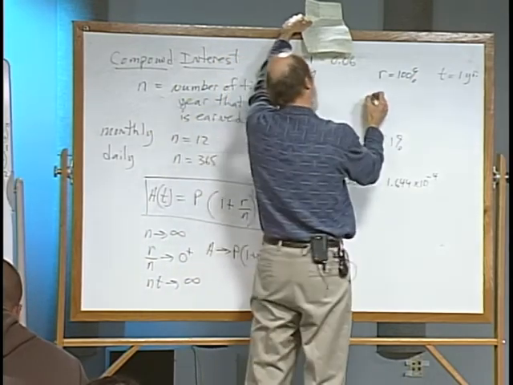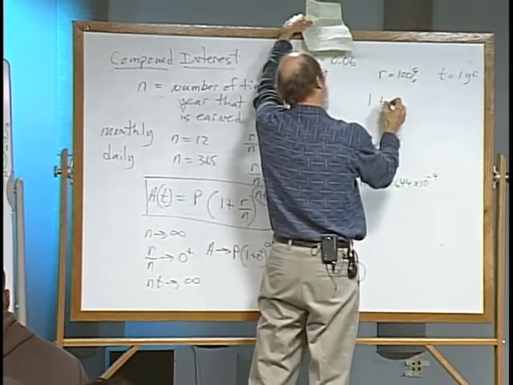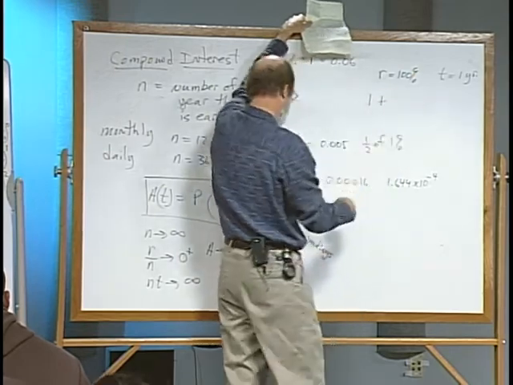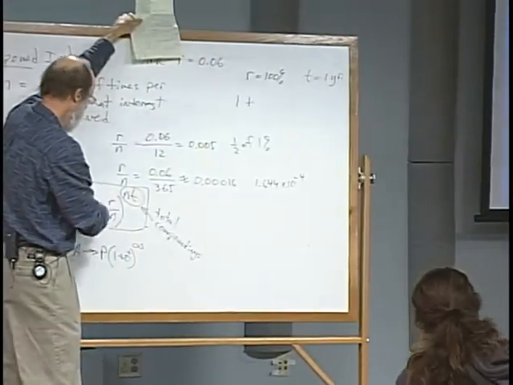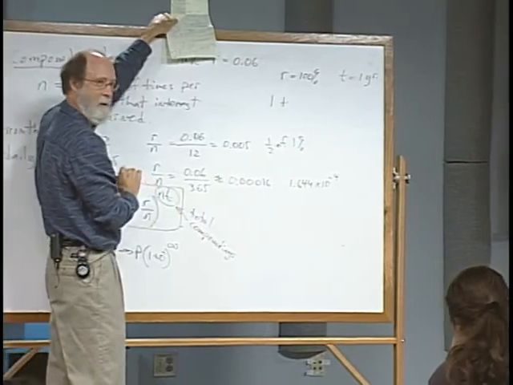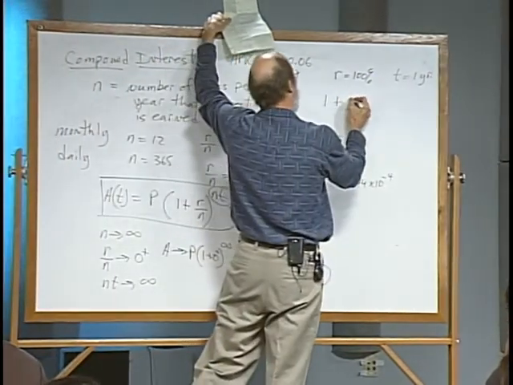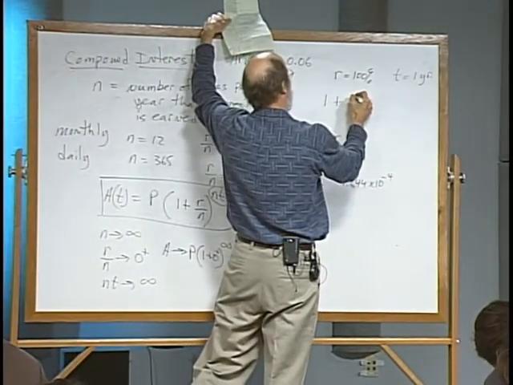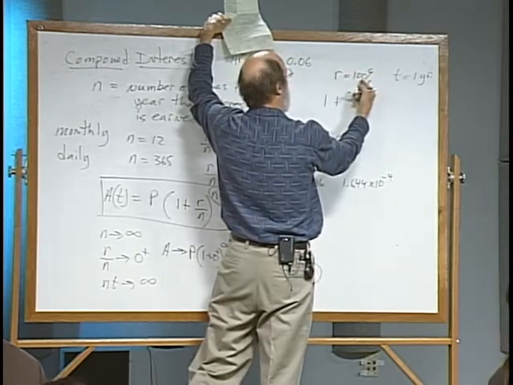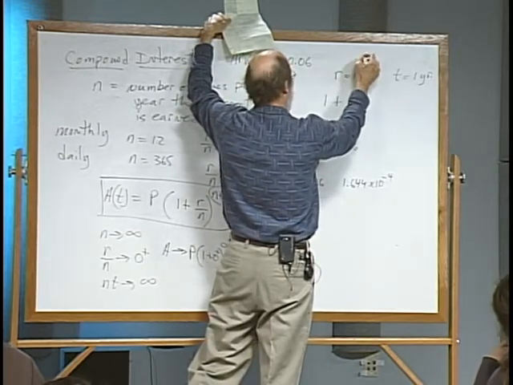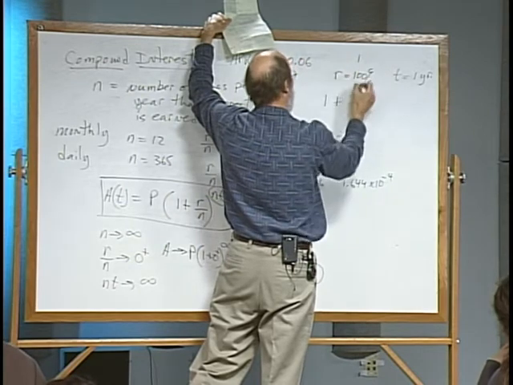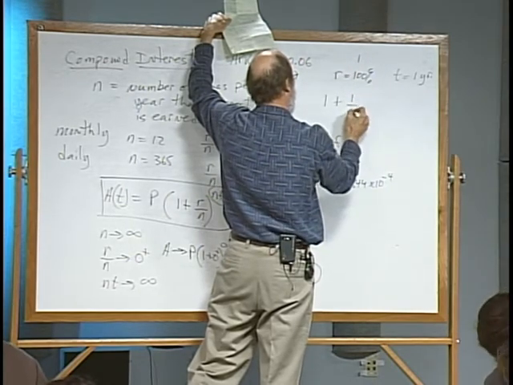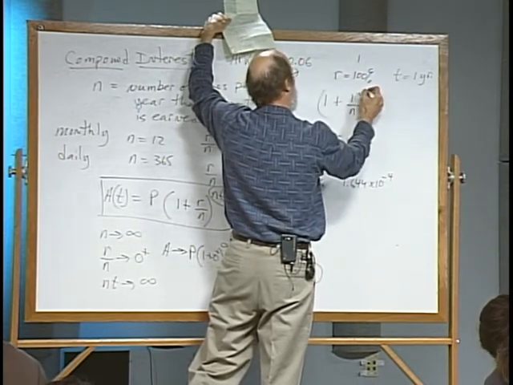And what we want to investigate is what happens to that expression in the parentheses in our formula with that exponent. So this is going to become 1 plus, and 100% is what as a decimal? Very good. It's just 1, isn't it? 1 over n raised to the n.